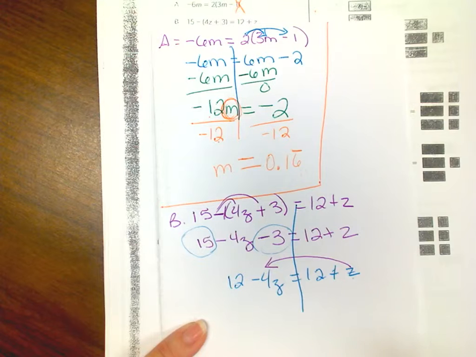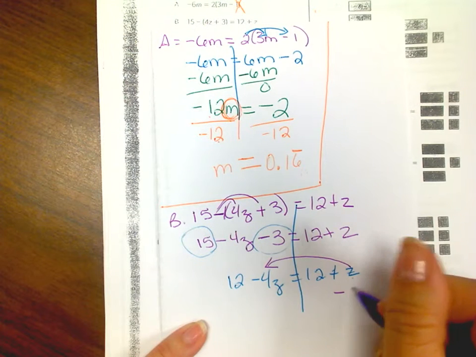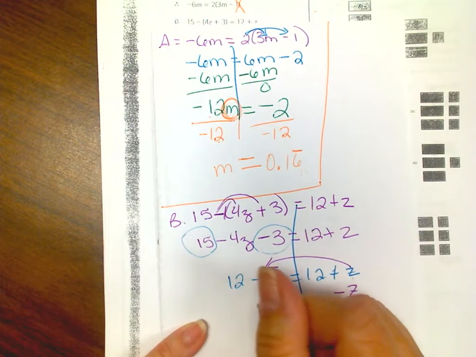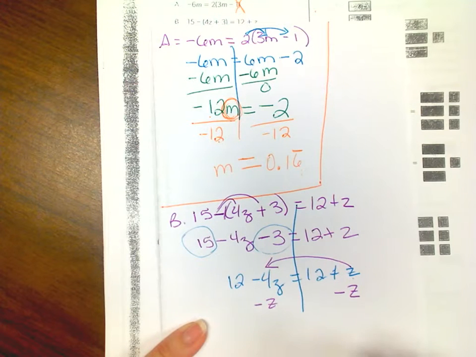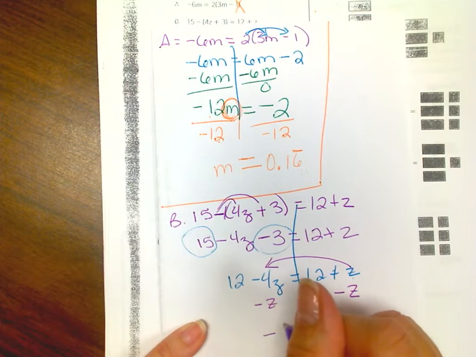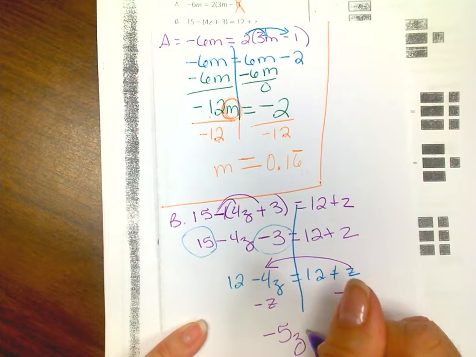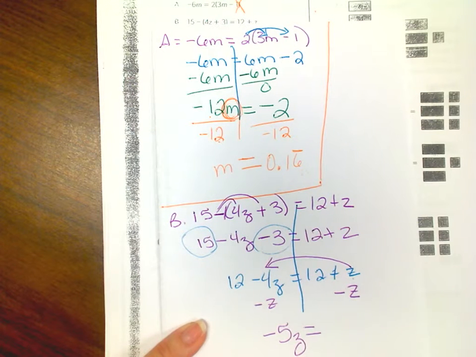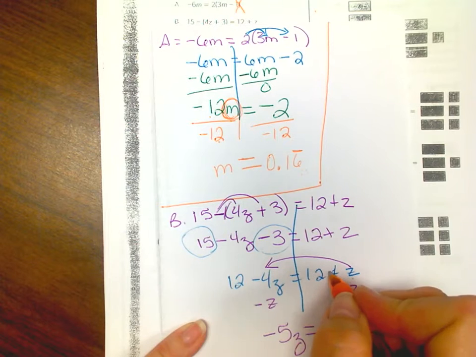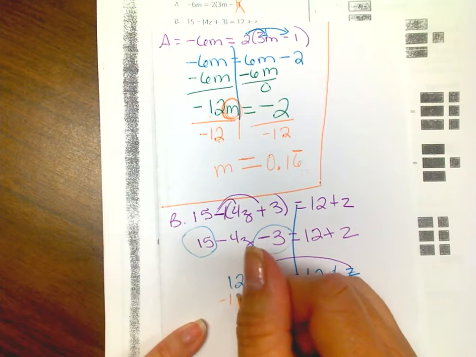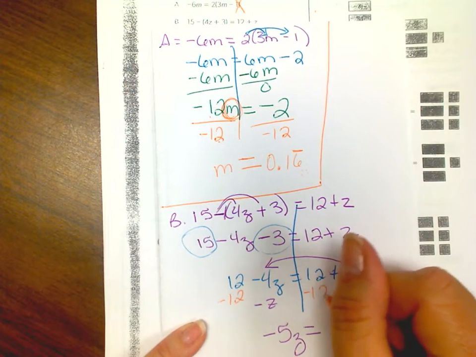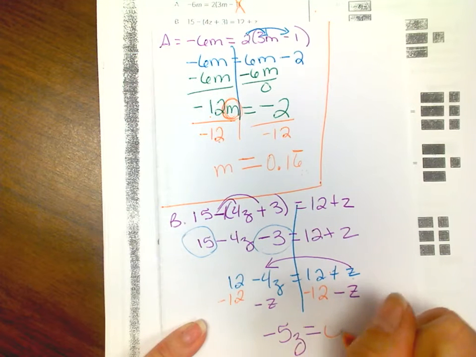I do that because if we come into inequalities, it's just easier to plot those if our variable is on the left-hand side. So let's subtract a z from here, subtract a z from here. That's going to make a negative 5z equals, well, I need to get my whole numbers over to the right side. Subtract 12, subtract 12, and I get 0.